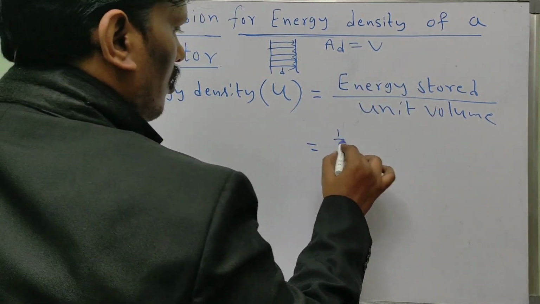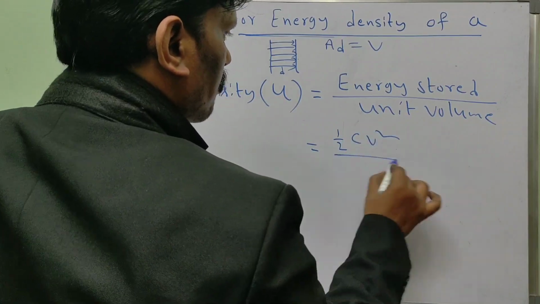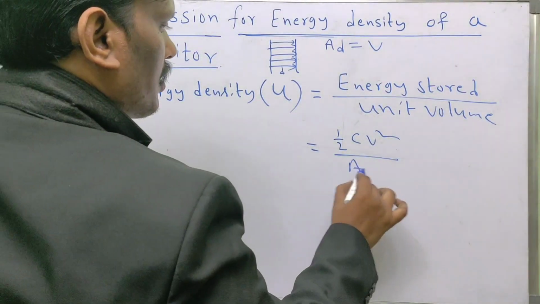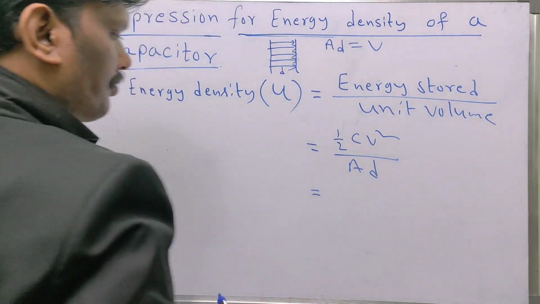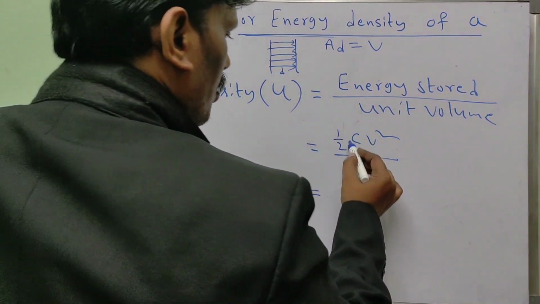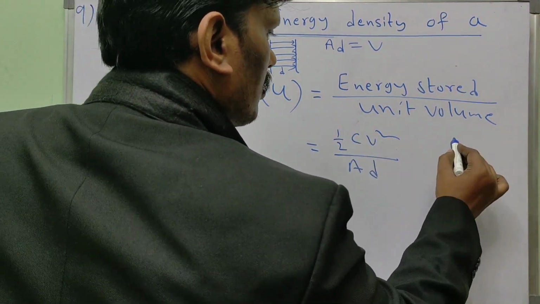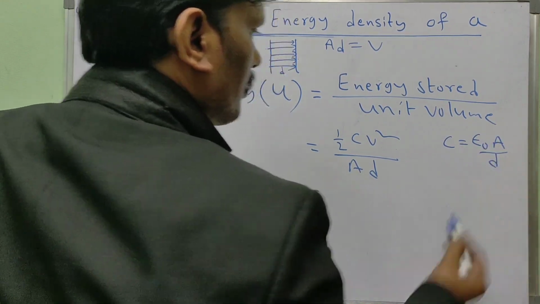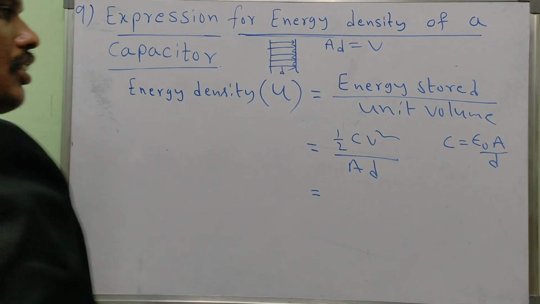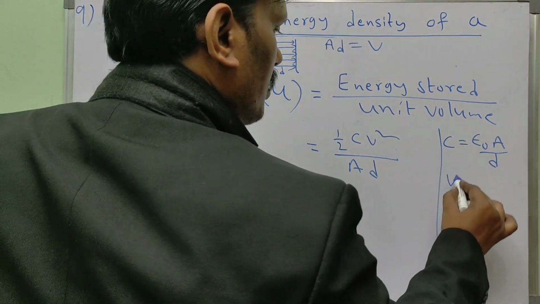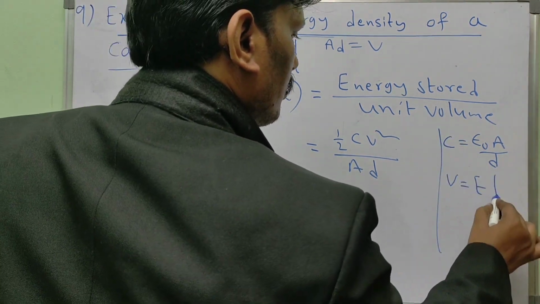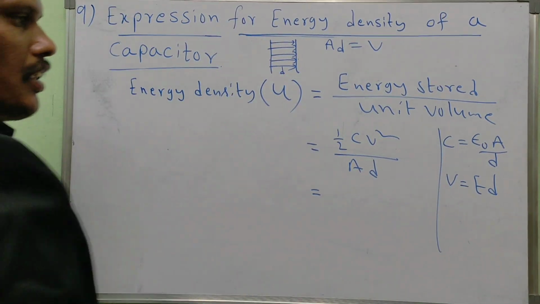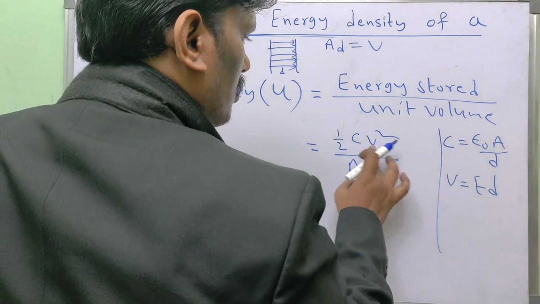What is the energy stored in the capacitor? Already we proved half CV square, upon volume A into D. Observe here. We know that capacitance is equal to epsilon naught A by D, and V is equal to ED. Substitute these two formulas here.